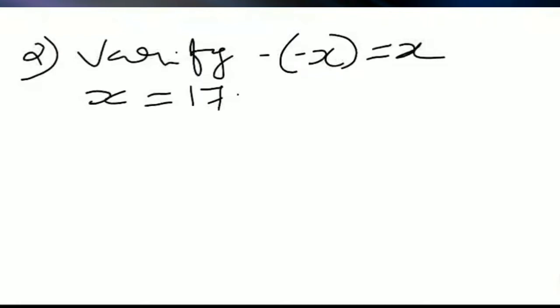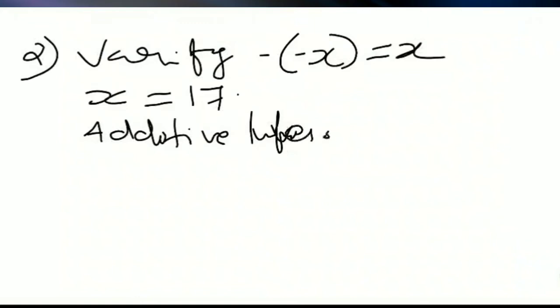First we write, let x = 17. Now we can write the additive inverse of 17 equal to, we know, −17.